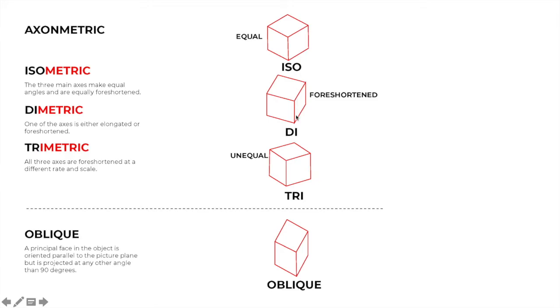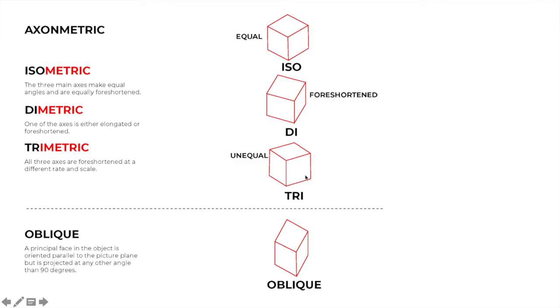In a dimetric, one of the axes is either elongated or foreshortened. Everything remains at true length, but you can see that one plane of this cube is more foreshortened than the other. This is helpful if you're favoring one side of a building or construct versus the other. It gives you a different character of drawing versus the isometric, which has equal foreshortening on the planes. Trimetric: all three axes are foreshortened at a different rate and scale.